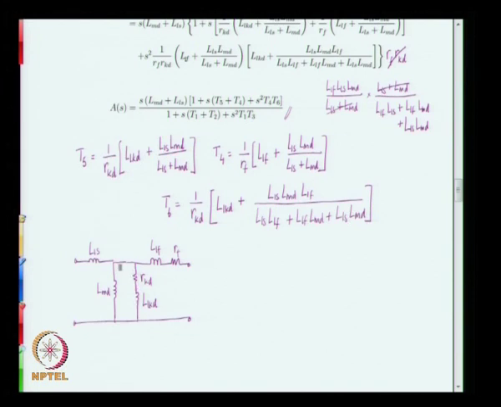If the damper is not there and you consider this to be shorted, then the equivalent inductance seen across the terminals of RF will be LLF occurring in series with the combination of LLS and LMD coming across each other, and therefore this is the combination inductance plus LLF. So both T4 and T5 can be visualized by assuming that the stator side is short circuited.